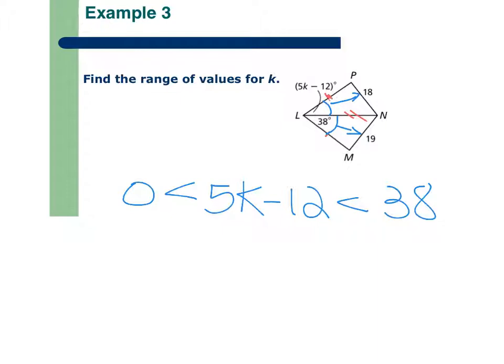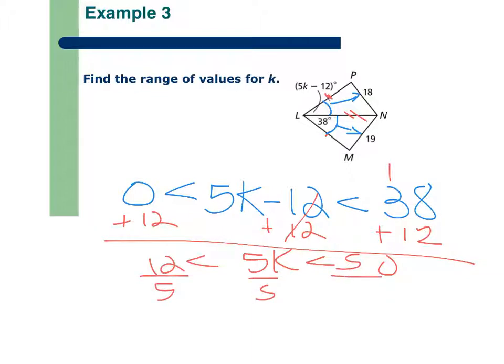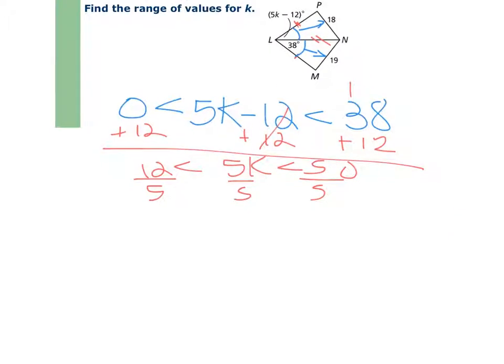So for this one, what we're going to do is add the 12. 5K is now in the middle, and I get 0 plus 12 is 12, 38 plus 12 is 50, and then divide by 5, and then 12 over 5, K in the middle, and then 10.